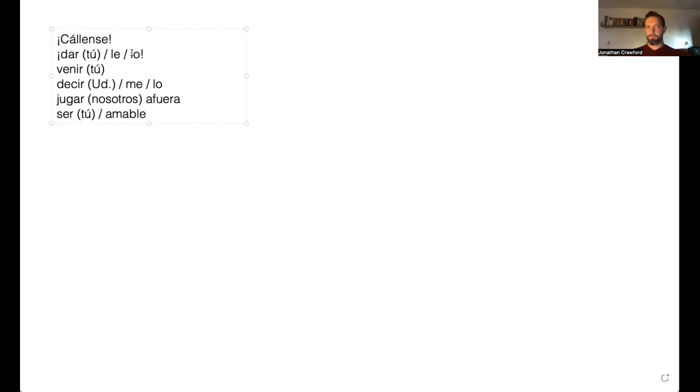And then lo refers to an object, so it's a direct object pronoun. We would say it in English. And so we say dar in the tú form is simply da. So we can get rid of that.